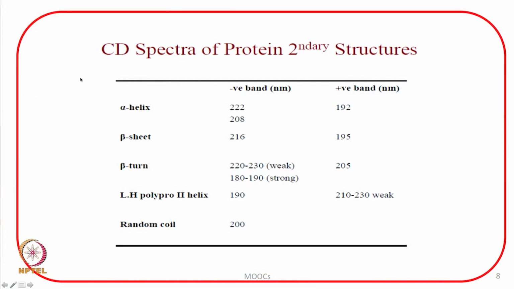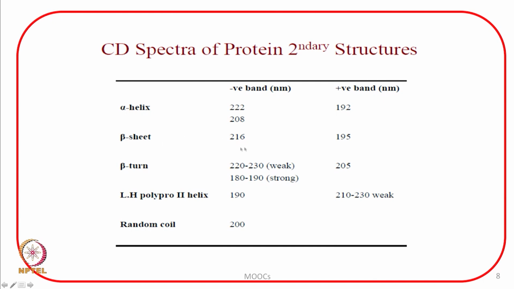For example, among the different secondary structural elements, alpha helix will show a negative band at 220 nanometer and a positive band at 192 nanometer. And alpha helix is also accompanied by a negative band at 208 nanometer. So, the negative bands at 208, 222 and a positive band at 192 nanometer will be characteristic of alpha helix.